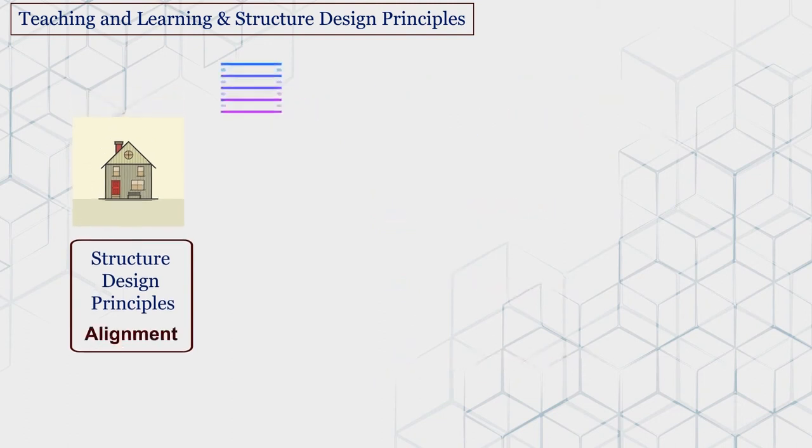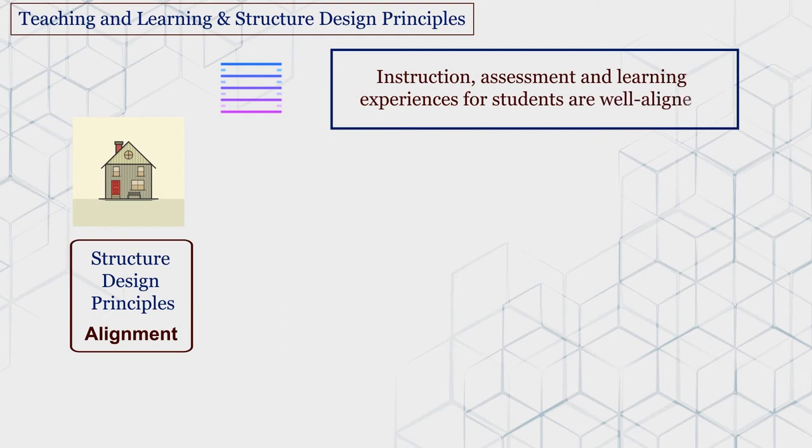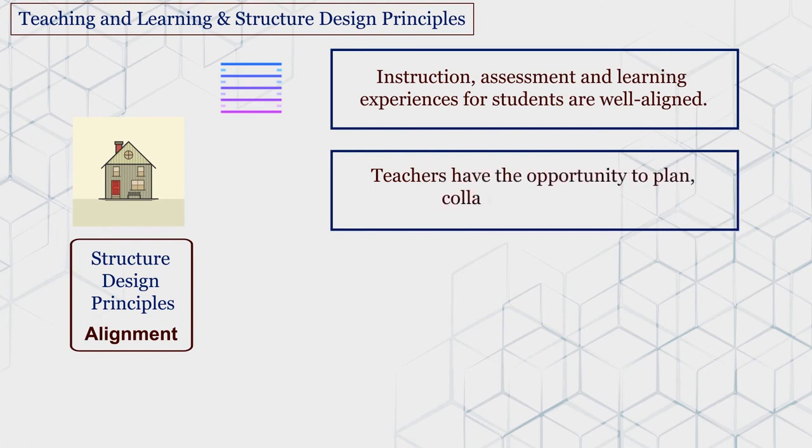The alignment principle ensures that instruction, assessment, and learning experiences for students are well aligned in a high-quality competency-based system, and teachers are knowledgeable with instruction for the level above and below the grade level they teach. Teachers have the opportunity to plan, collaborate, and learn.